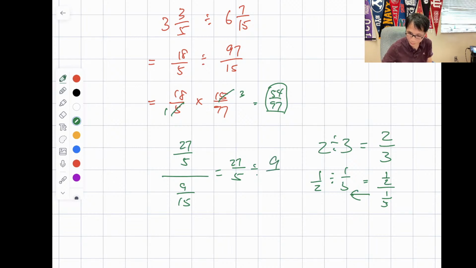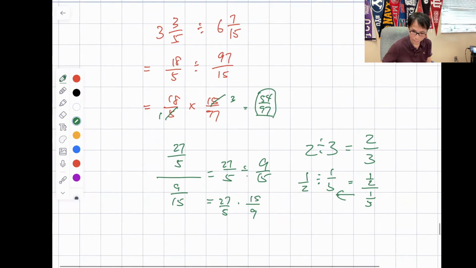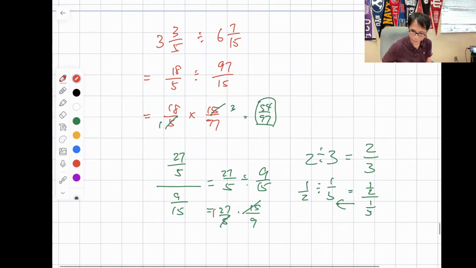And then can I do 27 over 5 times 15 over 9? Can I simplify here? Hopefully you start seeing simplification now. 5 and 15 is 1 and 3, right? So this is a 1 and 3. And this is 1, this is 3. So the answer is 9. Is that okay?